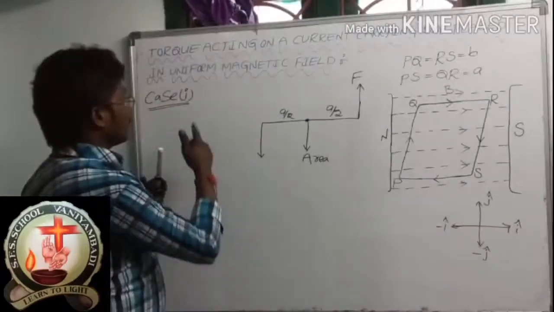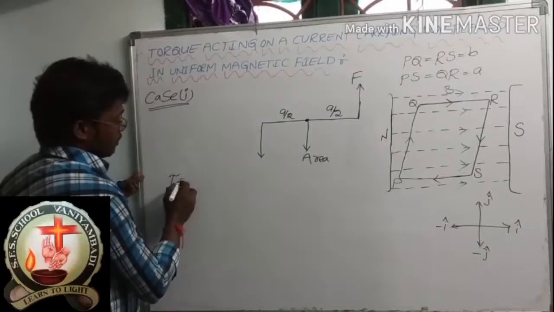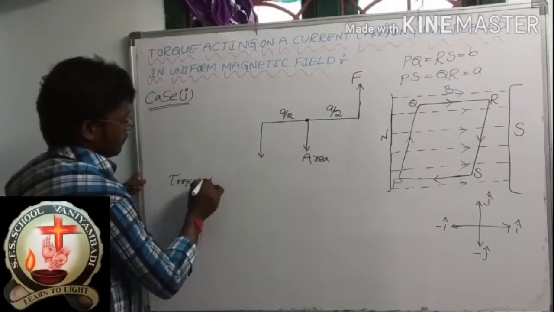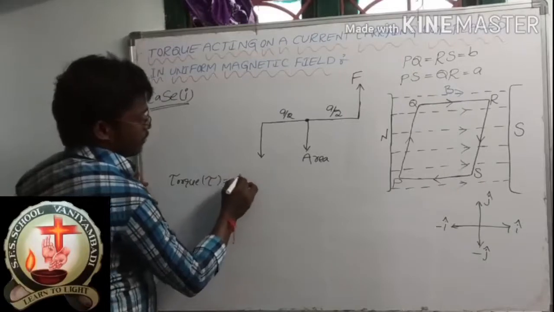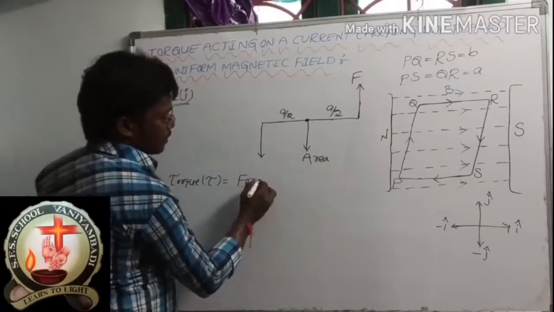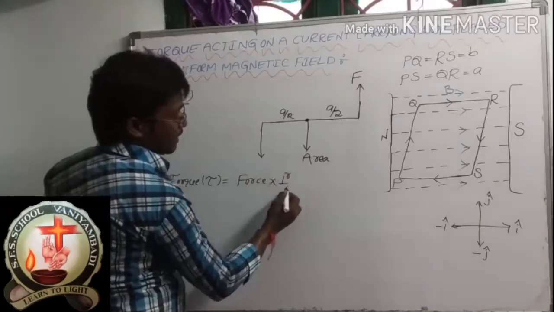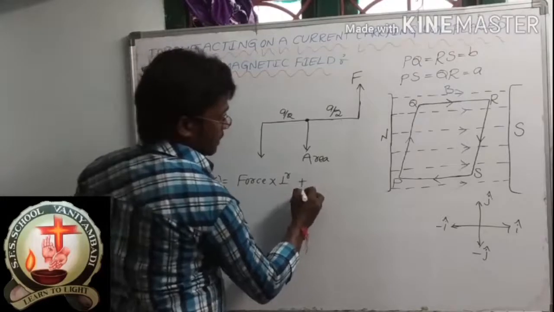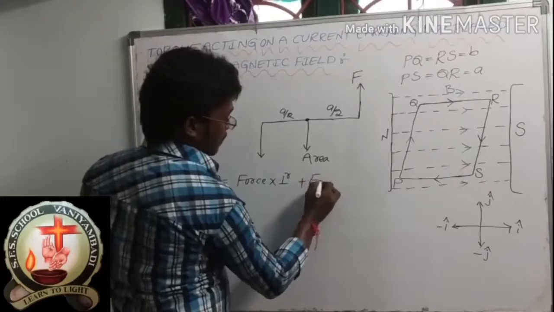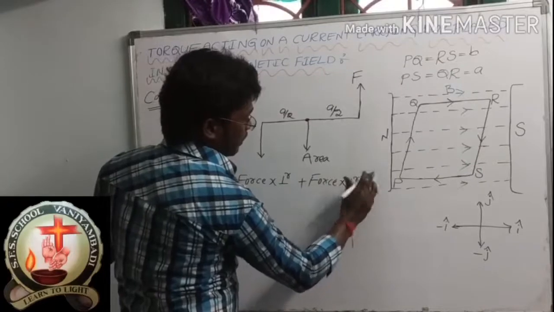Okay. So you can write directly the torque formula. Torque tau is equal to force into perpendicular distance plus force into perpendicular distance.